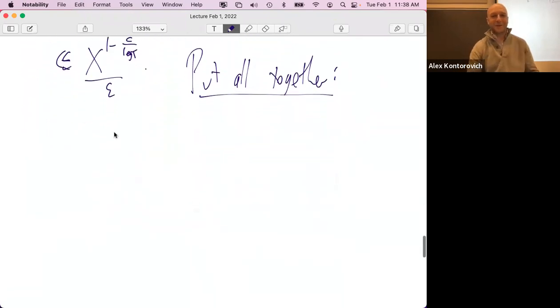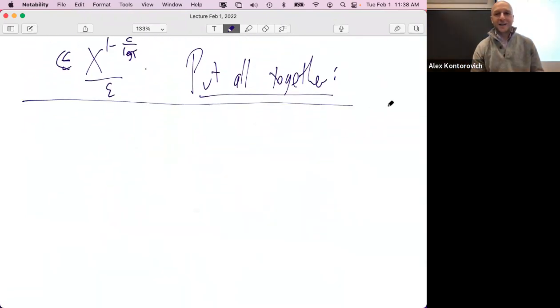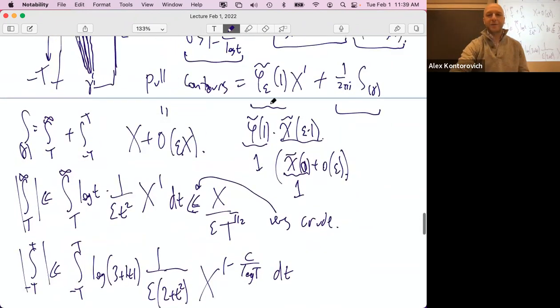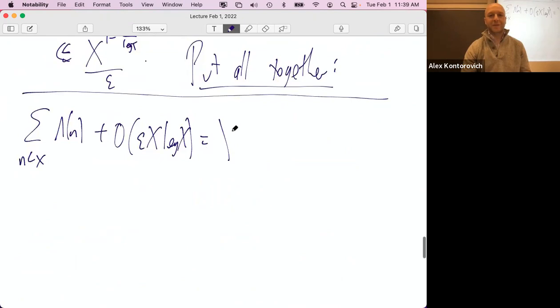Okay, we're almost out of time, so let's put it all together. On one side, we had the sum of von Mangoldt of n up to x, exactly what we wanted, with an error term like epsilon x log x. On the other side, we had a main term, which was x plus big O of epsilon x, and some error terms.